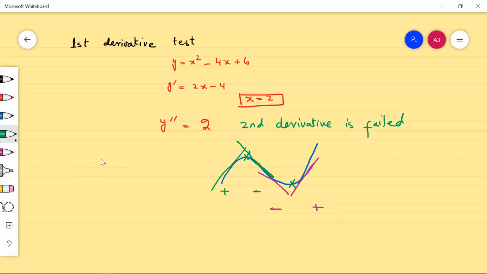Now look at how we explain it. If dy over dx before the stationary point and after the stationary point changes from positive to negative, then the point will be a maximum.